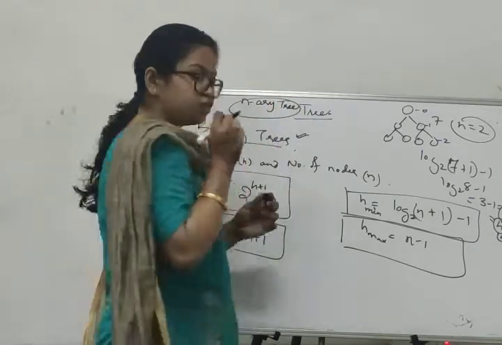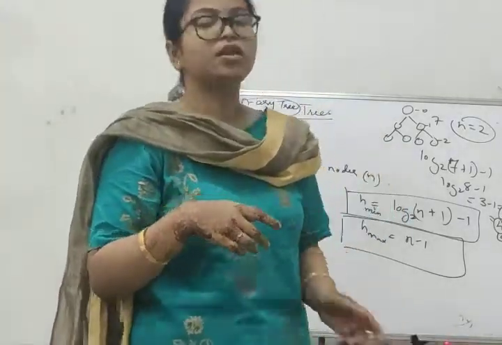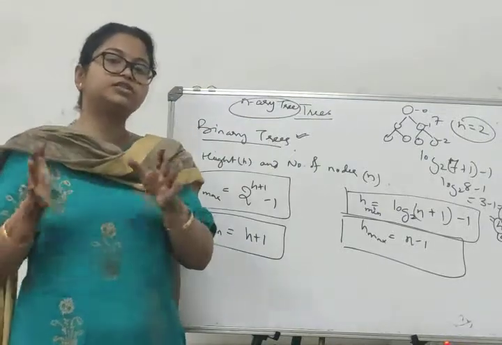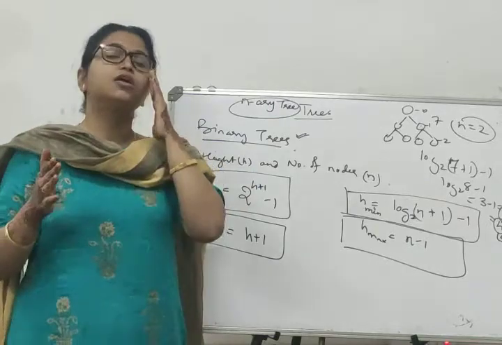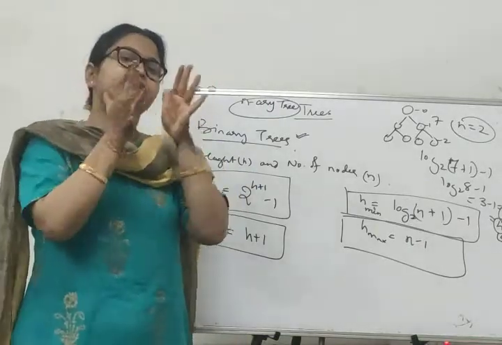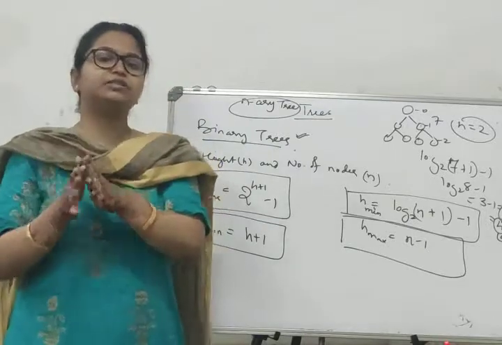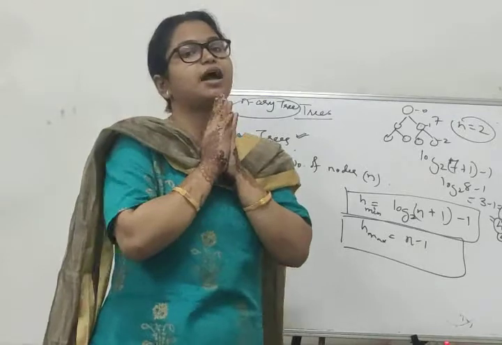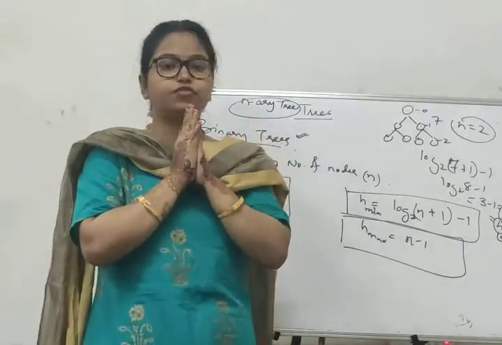If the root is connected to n number of nodes, then we call it an n-ary tree. Now, what is the height of a tree? The number of levels in the tree, since the nodes are arranged in a hierarchical manner. So the hierarchy is defined in terms of each level. So the number of levels defines the height of the tree. Okay, and root is always present at height 0. So the numbering starts from zero in case of tree.